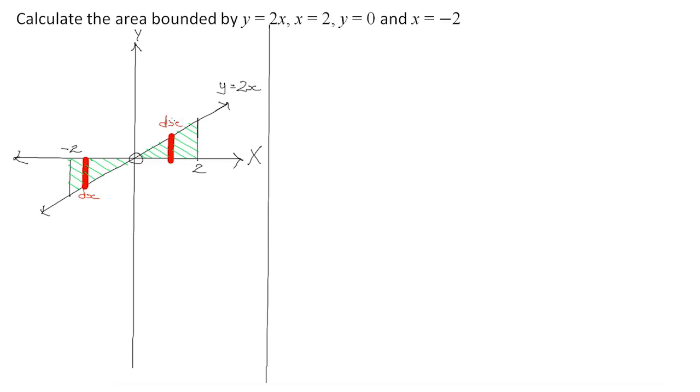Obviously, now, I can indicate the length of that strip, which is y. But I'm also going to indicate, and that is the interesting part here, the length of that strip, which, because it's below 0, is negative y.